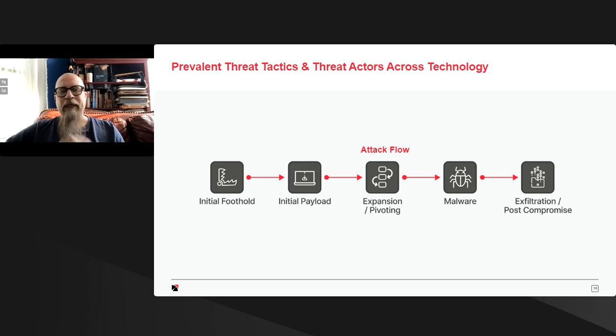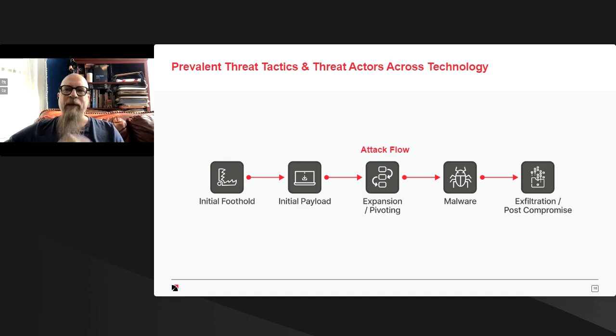Then they're going to use some initial payloads. It could be locally built tools. It could be tools that they pull down from the internet. But they need some of their initial tools to start grabbing their other tools and start moving around inside the network.